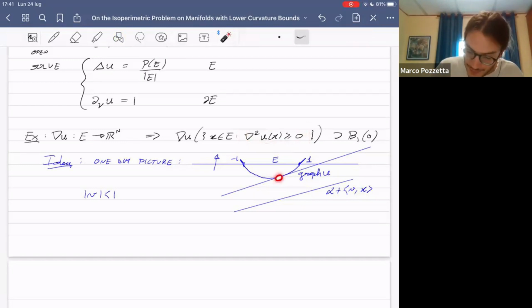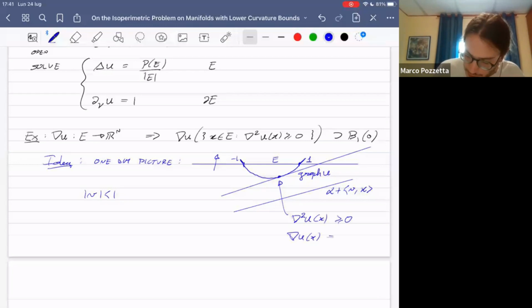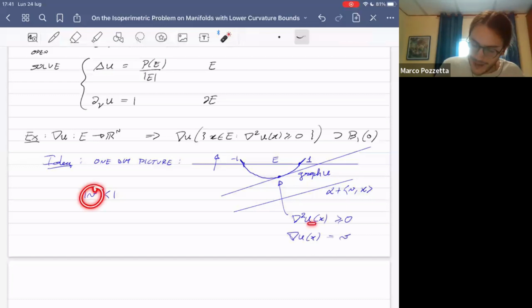And since I am touching at the interior of E also, the gradient of u here is going to be equal to the gradient of this plane, which is exactly v. So at this point the Hessian of u is non-negative, and the gradient of u is equal to v. And so eventually I've proved that for any v, I can find such an x, such that v is reached by the gradient computed at that point.